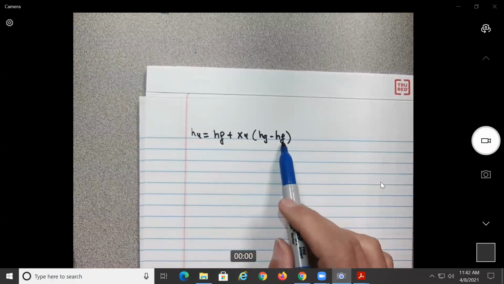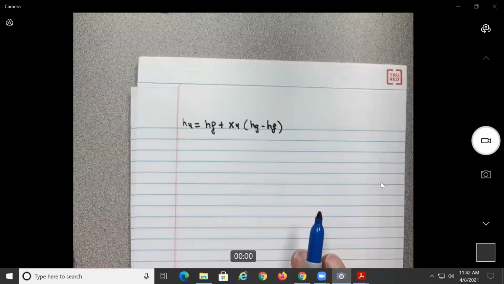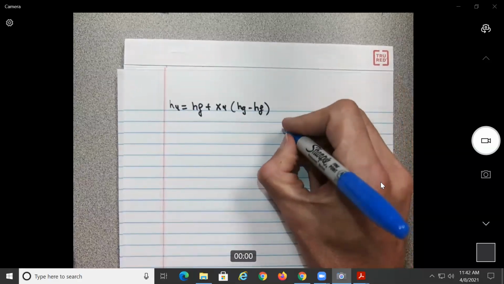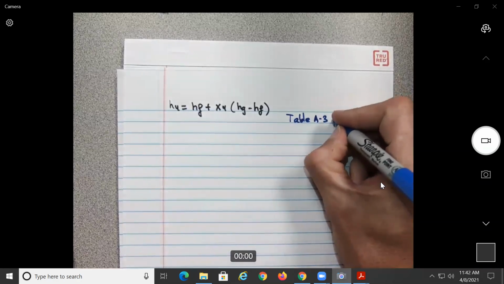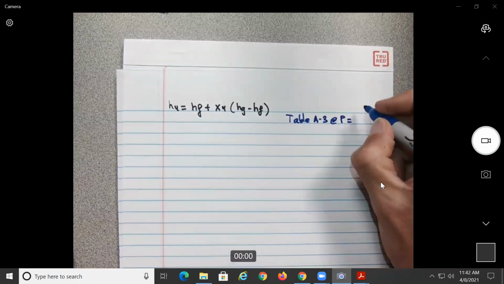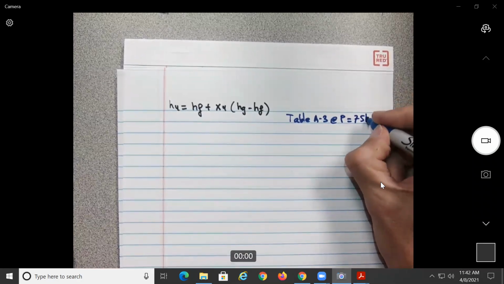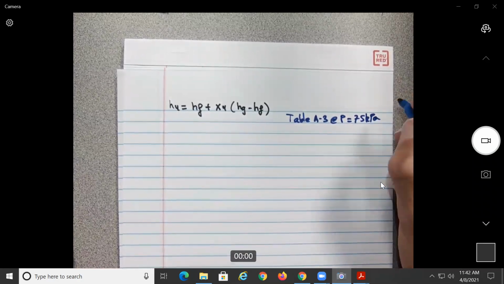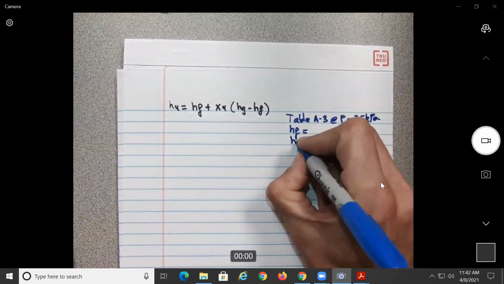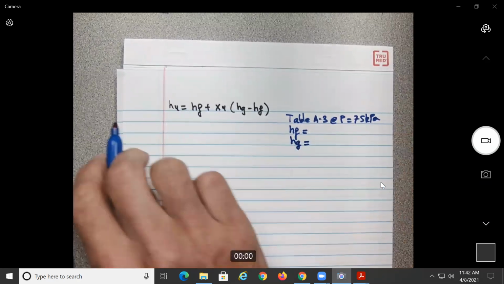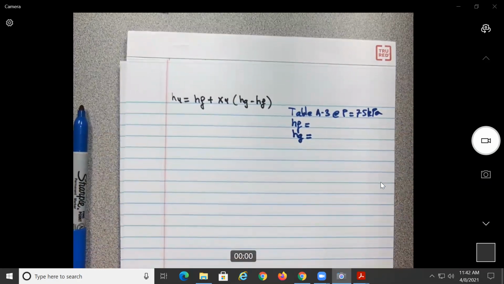From where do we get H fluid and H gas? Same as before, from table A3 at P equals 75 kilopascals. But what's gonna happen? We're gonna have to interpolate. So I need again your assistance. So this time your assistance will be for H sub F and H sub G.